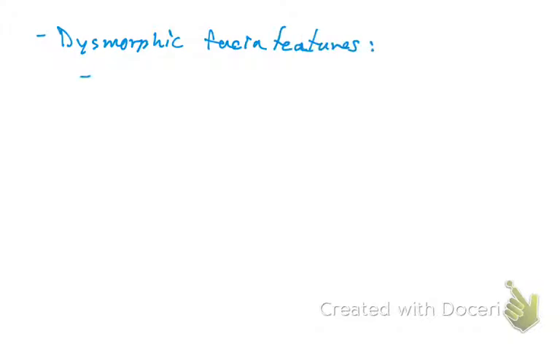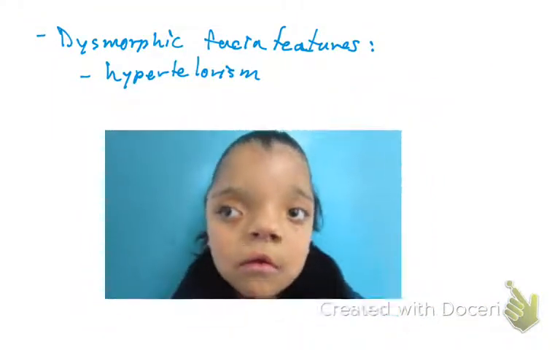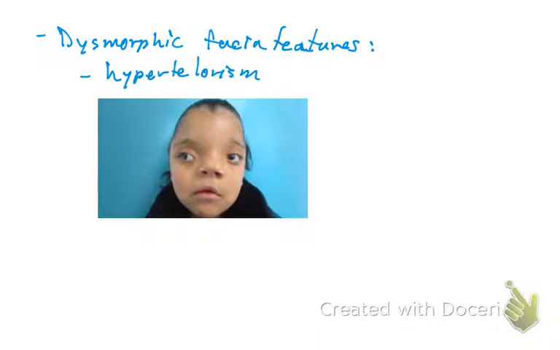It includes hypertelorism. Probably you're asking, what is hypertelorism? Basically, it is an abnormal distance between the eyes of the patient. Let's see a picture here. You can see the abnormal distance between the eyes of the patient, right here.